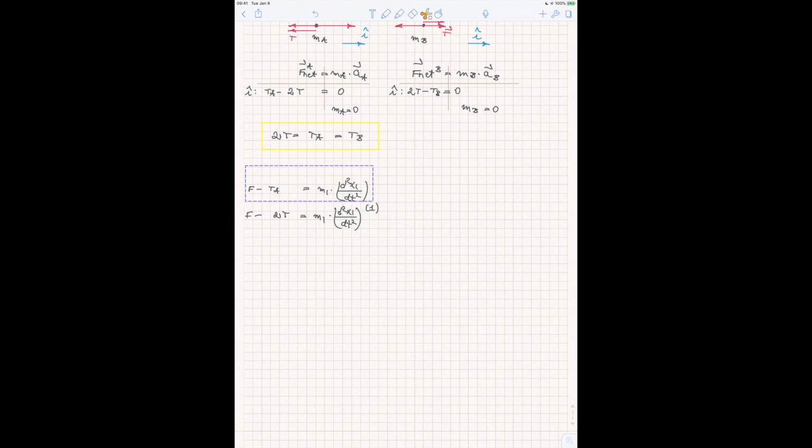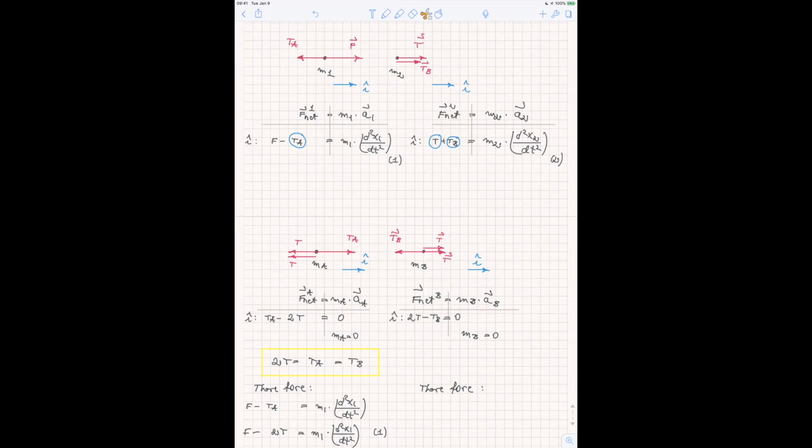Let me move this up a little bit so you see this a little clearer. So this is for M1, and therefore for M2 we get something very similar.